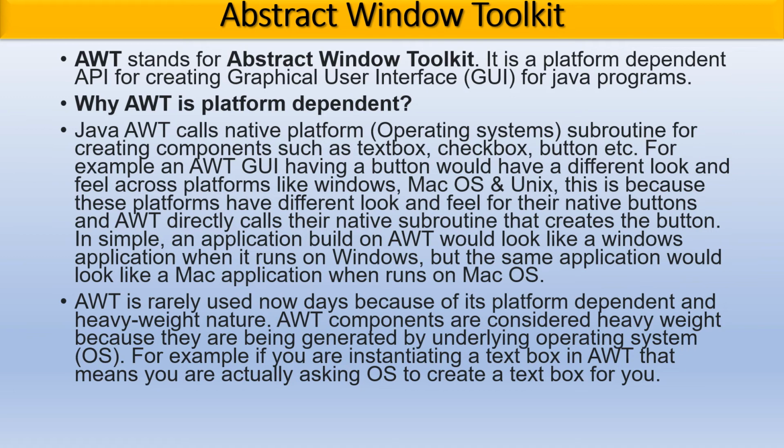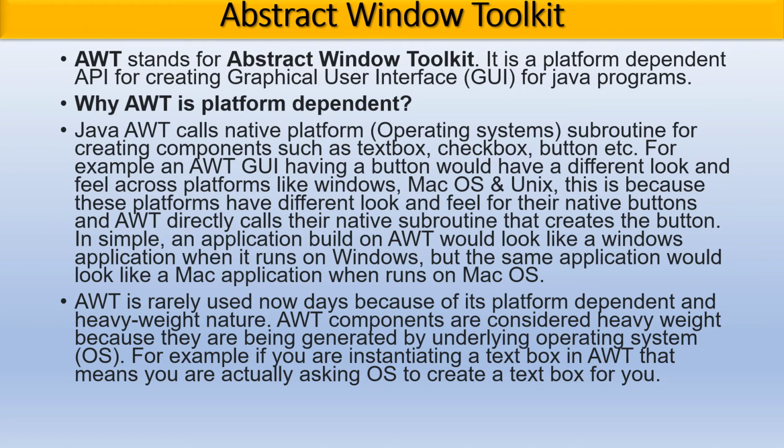AWT is rarely used nowadays because of its platform dependent and heavyweight nature. AWT components are considered heavyweight because they are generated by the underlying operating system. For example, if you are instantiating a text box by AWT, that means you are actually asking the operating system to create a text box for you.